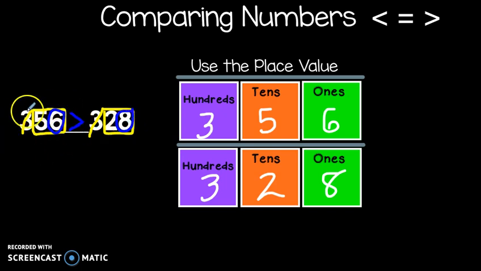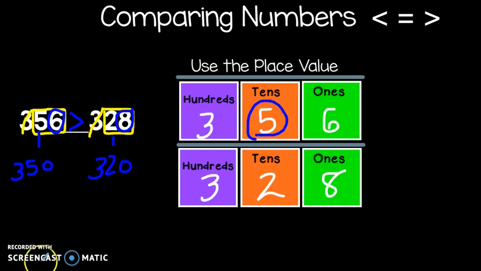And this number is still bigger because this one has 5 tens, which means 50, and this one has 2 tens, which means 20. The value is 20. And so if this is 350 and this is 320, this is the larger number. So 5 tens automatically makes this number the greater number.